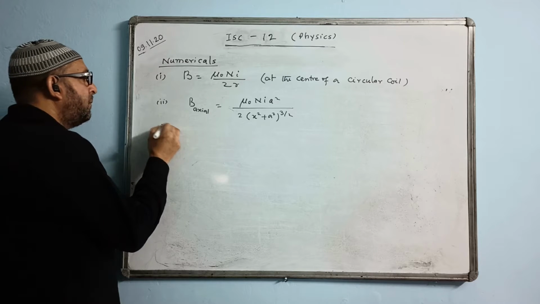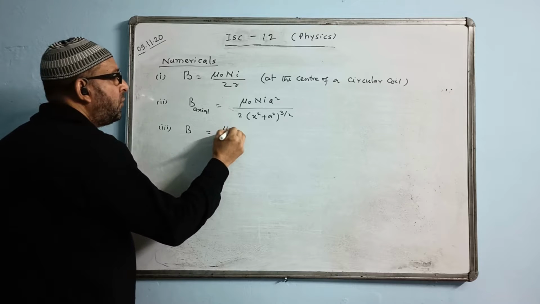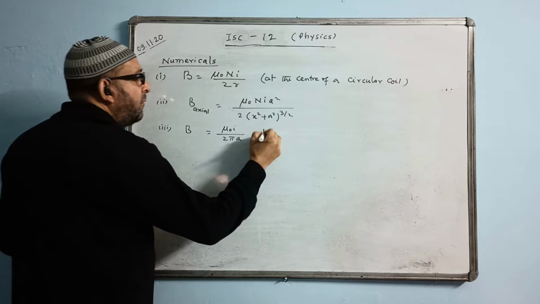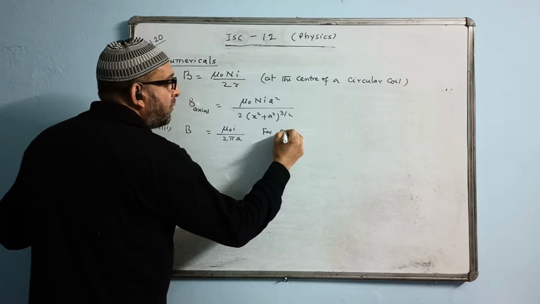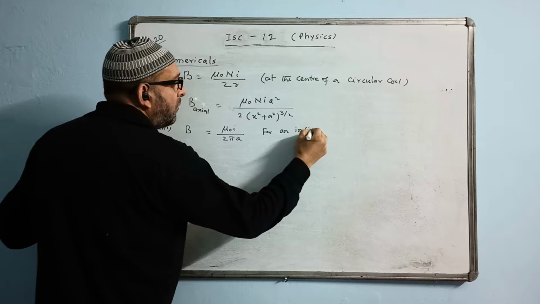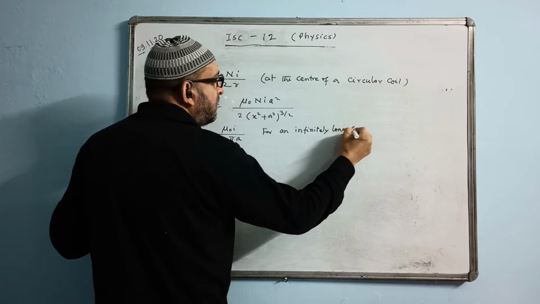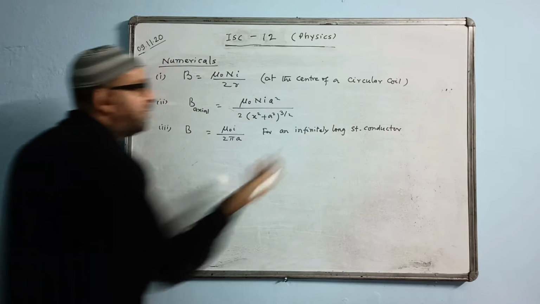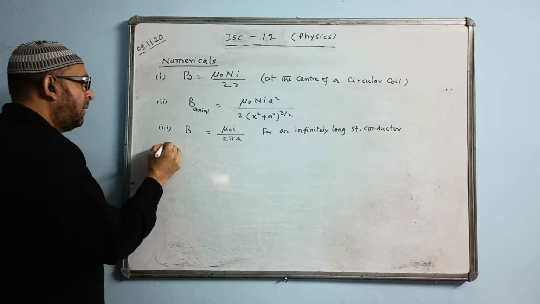Third one, B equal to mu naught I by 2 pi a for an infinitely long straight conductor. This is only what is in the syllabus now, so this formula, mu naught I by 2 pi a.